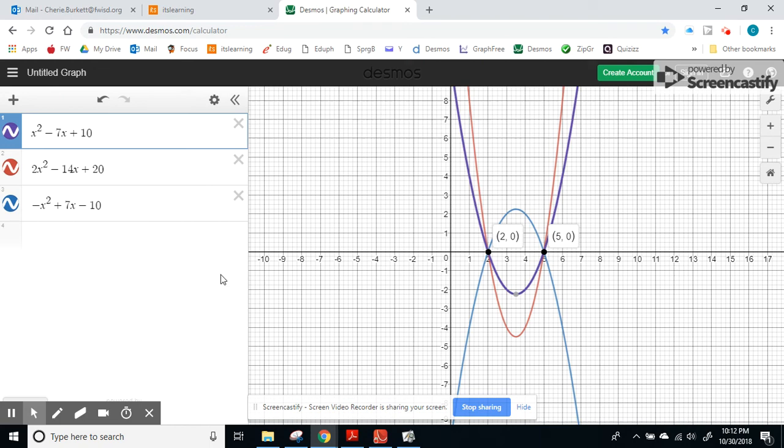We would get a different equation, but it would still pass through the points 2, 0 and 5, 0. That is why knowing just 2 points that a parabola passes through is not enough. In order to find an equation of a particular quadratic, we have to know at least 3 points on that quadratic. And that's what I'm going to show you how to do next.